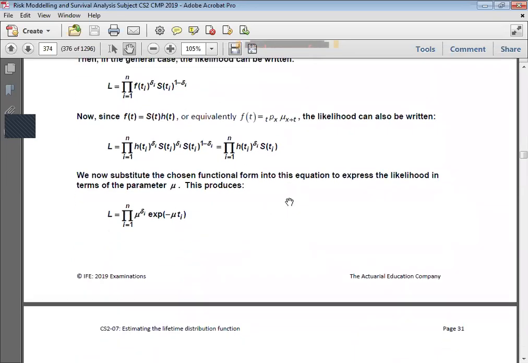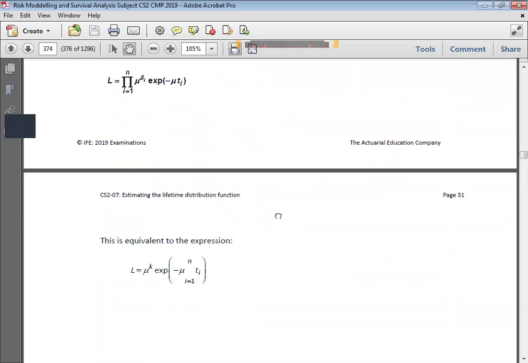For all we know, my hazard function is constant for the exponential case, so this mu will just be raised to delta i, and s of t_i is e raised to minus mu t_i in the case of the exponential distribution, which is the functional form that we have assumed. If this were Weibull, you would get something else. So this is what you get here, and there is only one parameter.